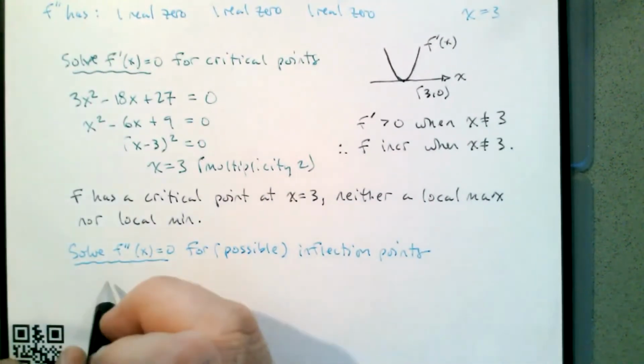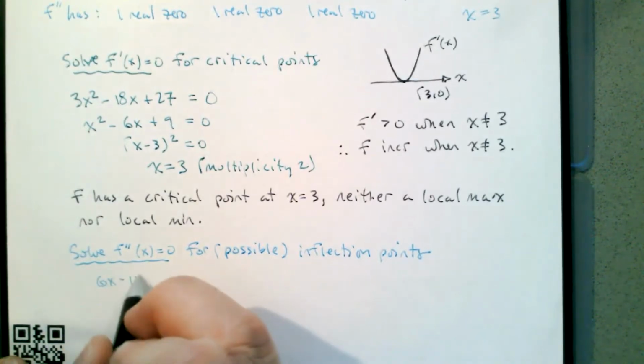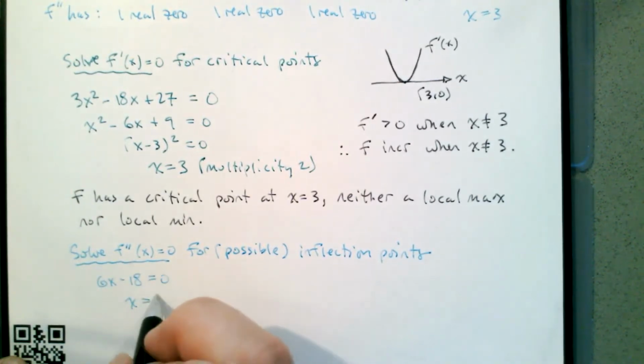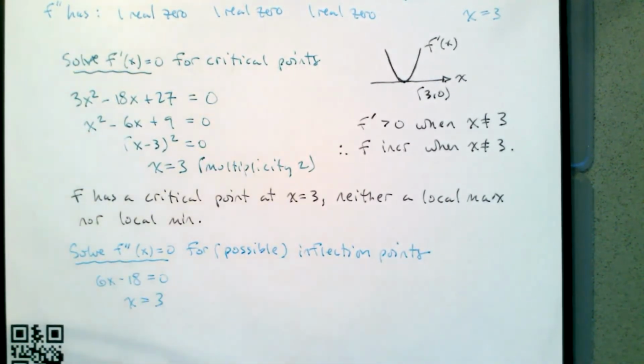We know that the second derivative is going to be 6x minus 18. Set that equal to 0, and we get x equals 3. And now we see why we weren't getting a local minimum or a local maximum, because we had a cubic polynomial. So f double prime is negative before 3 and positive after 3.